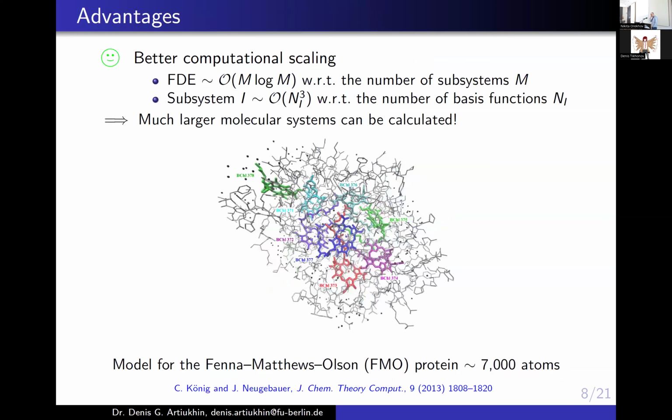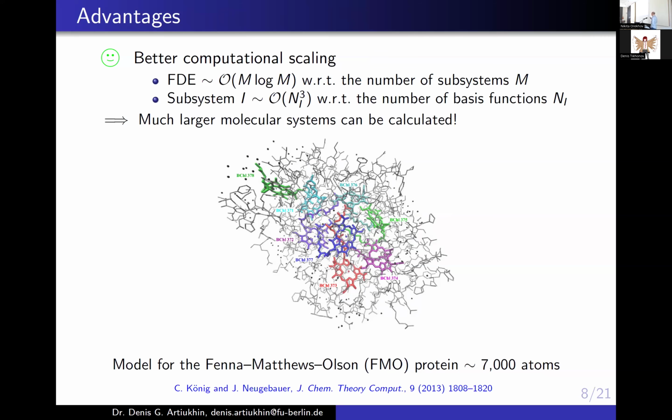I guess the advantage of doing that is clear, because at each point of time, I'm solving a DFT-like problem, which scales as n cubed, but n here is the number of atomic orbitals of a single subsystem. So we reduce dimensionality quite a lot, and then the entire scaling is almost linear with the number of subsystems.